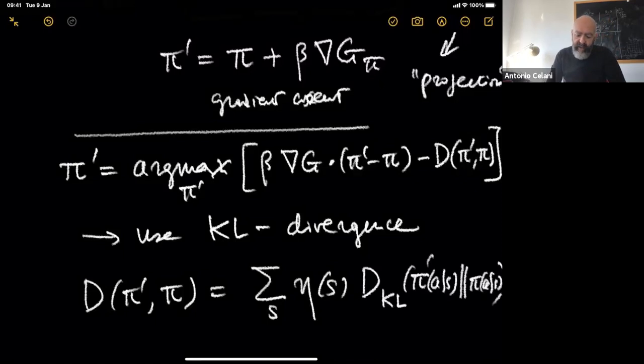Since the etas are positive, it behaves pretty much like an ordinary Kullback-Leibler divergence. It's not strictly speaking a distance because it's not symmetric and doesn't obey all the properties of a distance, but it's a divergence, a measure of separation between two policies.